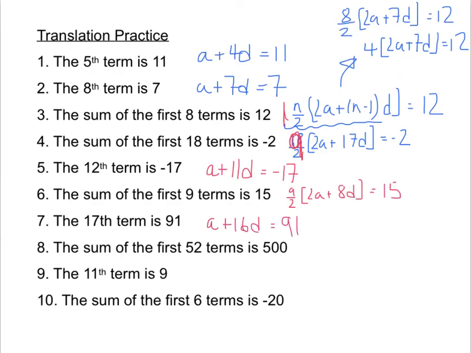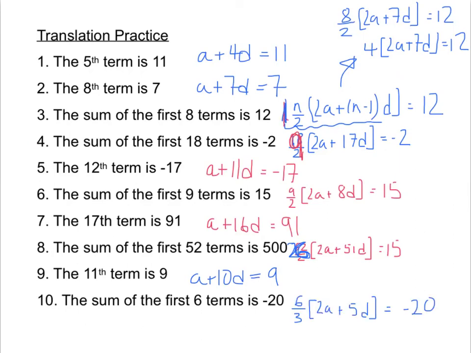Sum of the first 52 terms is 500, we get this, and this is the same as 26 here. The 11th term is 9: a plus 10d is 9. And the sum of the first 6 terms is minus 20, is this formula again, and we can write 6 over 2, which we know is 3.